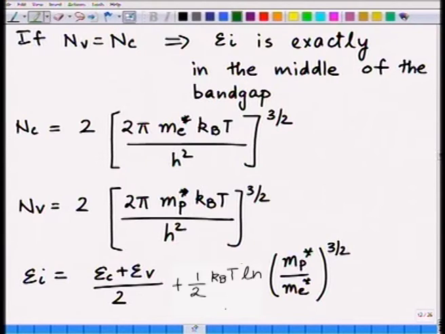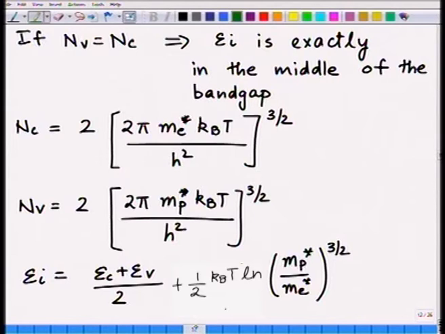Now, what is n we have still not determined. We have determined n equal to p. Now, once we know EI, we should be able to determine what n is equal to. Let us find out.